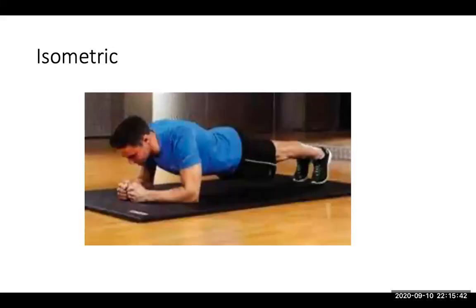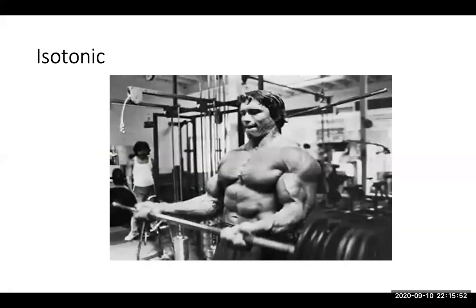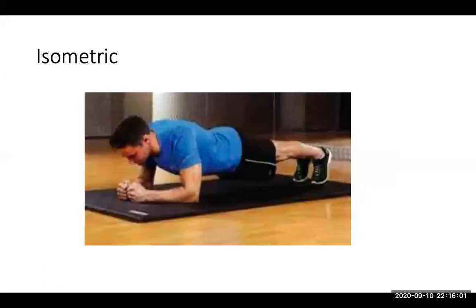A great example of an isometric contraction is holding yourself up in a plank, but you're not actually pushing the floor away. And an isotonic muscle contraction, I believe that's Arnold Schwarzenegger, but I'm not sure, is when you're actually doing a movement. Another great example of an isometric contraction is pushing with all your might against a wall, but you'll never be able to move that wall.